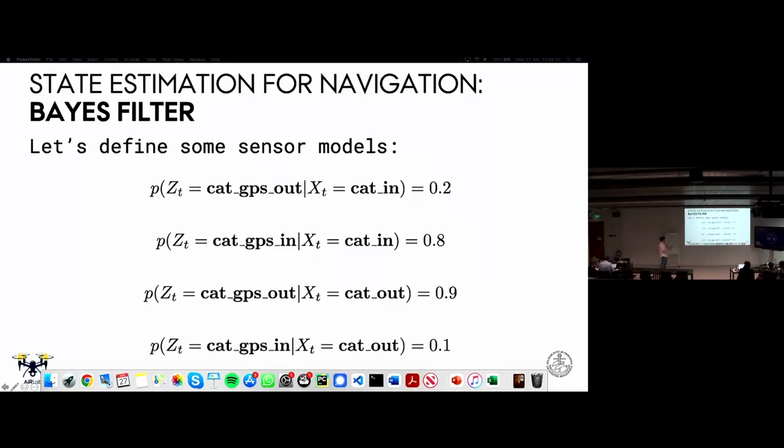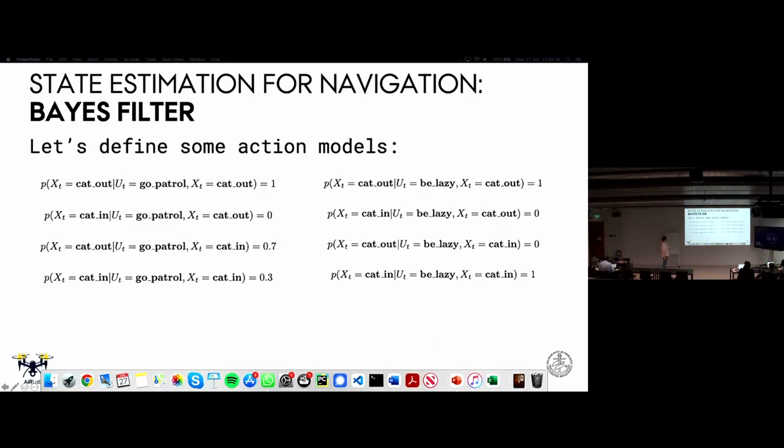With the data set, we can also define some action models. Everything is done on this notion of a binary state space and action space, so the cat can only ever go on patrol or be lazy.